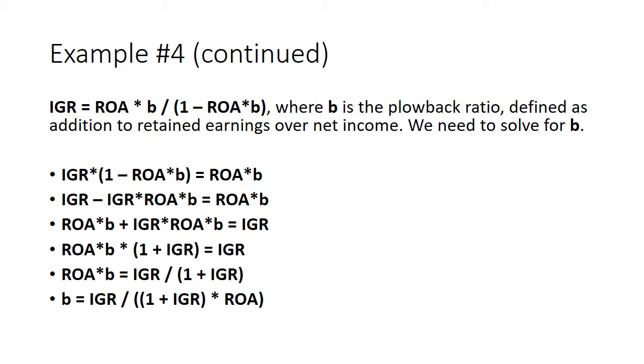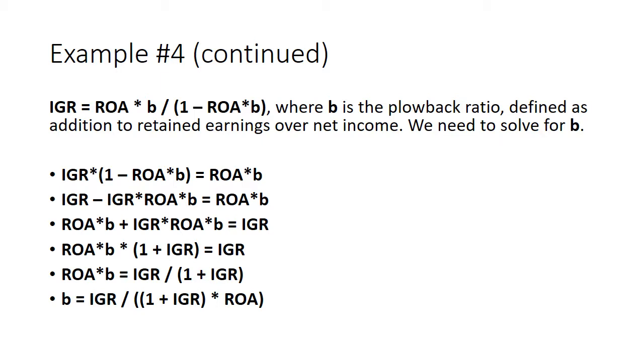And so now on one side I have ROA times B plus IGR times ROA times B is equal to IGR. Now I can pull 1 plus IGR out of that left-hand side term. So this is once again the distributive property, just working in the opposite direction, and say that that's equal to IGR.